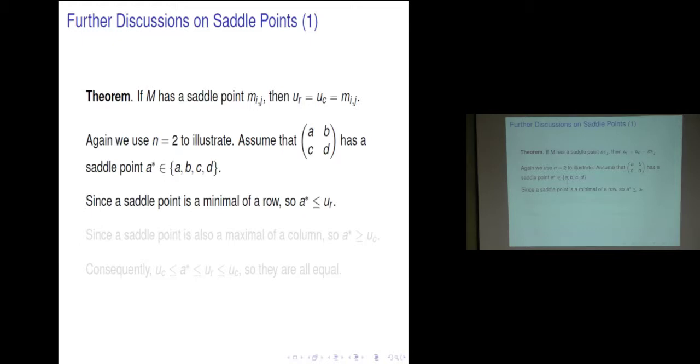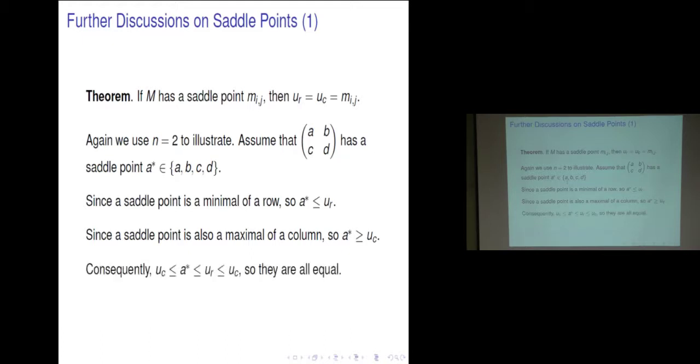So A star will be less than or equal to U_R, because U_R is the max of all the mins. Now also, it is a maximum of its column. So this is bigger than U_C, because U_C takes the minimum of all the maxes. So a particular instance is bigger than the minimum. So we have these two.